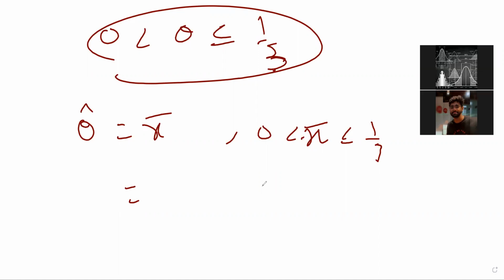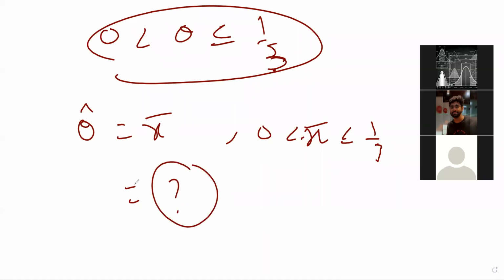Suppose x bar comes out greater than 1 by 3, then what will be the MLE? Anybody in class? 1 by 3. Okay, 1 by 3. So can I say that theta equals the minimum of x bar comma 1 by 3?